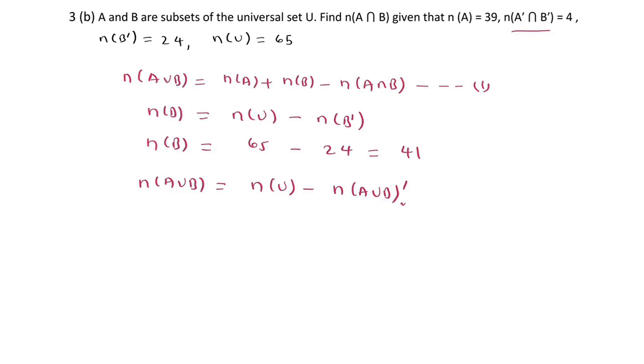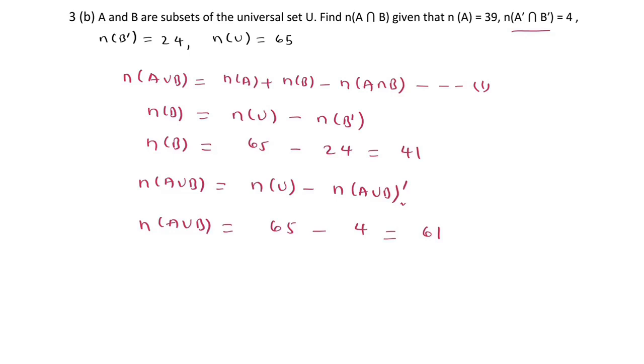Therefore, substituting 4 and the number of the universal set, which equals 65, our equation is the number of A union B equals 65 minus 4, which gives the number of A union B equals 61.